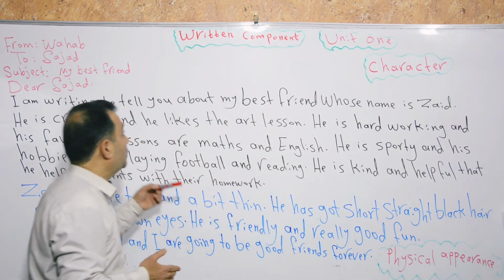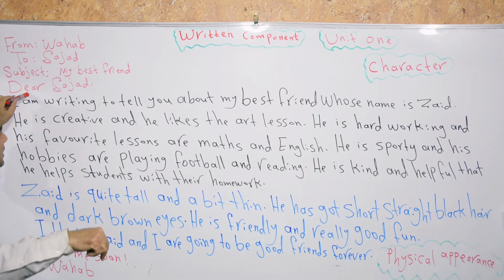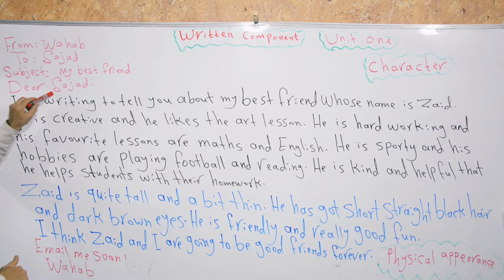At the beginning, as we said, from, to, subject, to greet someone. When you write an email, how to greet him? To say what? To say hello or to say dear Sajjad.